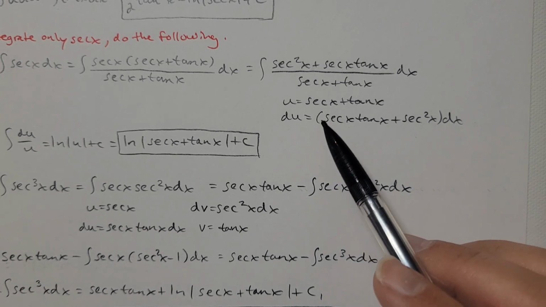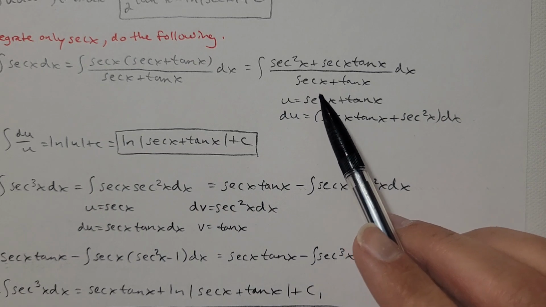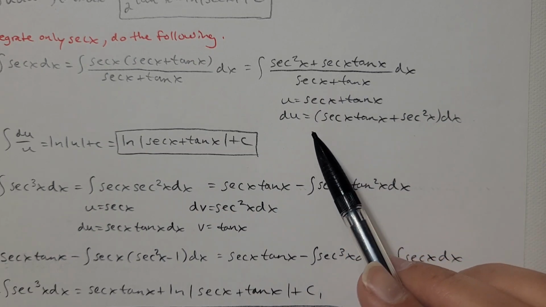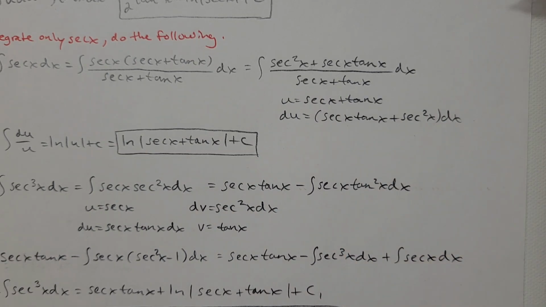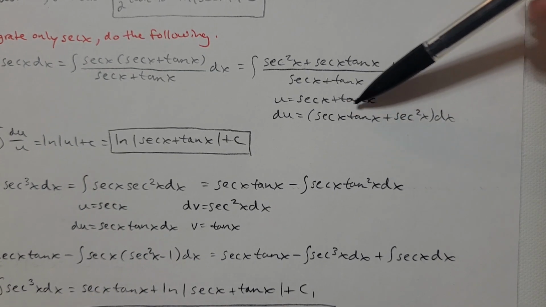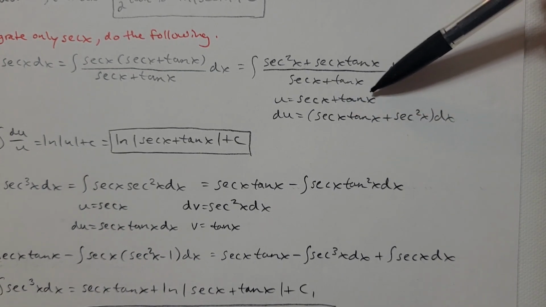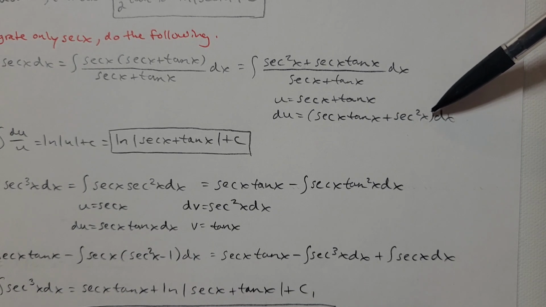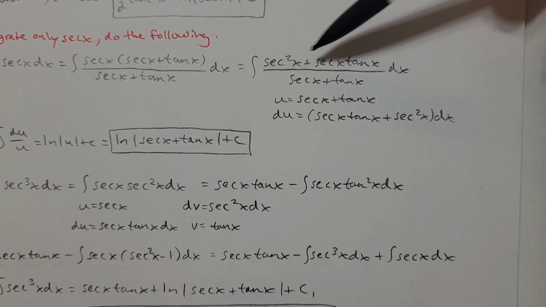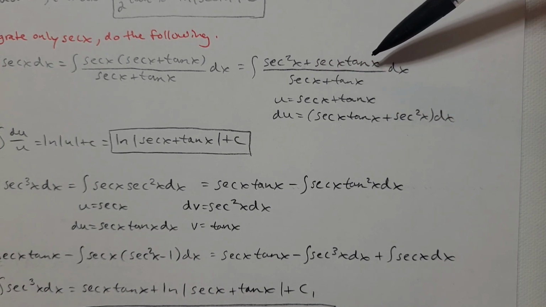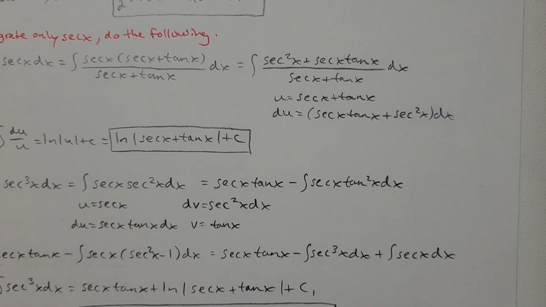If I let u be the denominator, secant x plus tangent x, then du is going to be secant x tangent x plus the derivative of tangent x, which is secant squared x, and then dx. Well, that's exactly what I have in the numerator there. So I'll be able to knock this out with the u substitution.